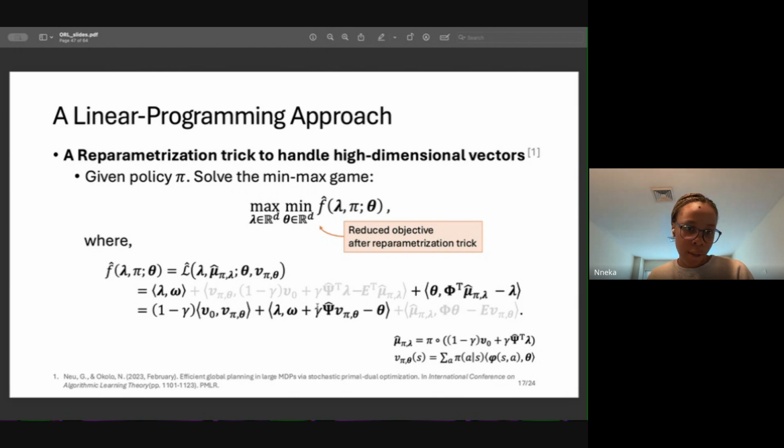But before getting to that, we know that with a reparametrization trick to handle the high-dimensional vectors mu and v, by reparametrizing them in this exact form so that some of the terms in the objective cancel out, we arrive at a further reduced min-max problem that only depends on d-dimensional parameters lambda, theta and pi, which would be nice because eventually we'll define a compactly represented policy that just depends on theta.